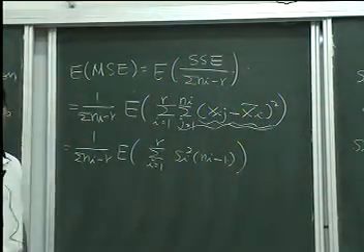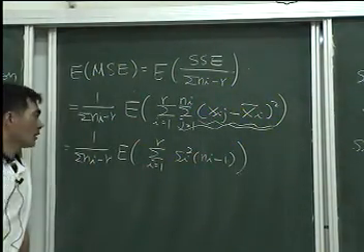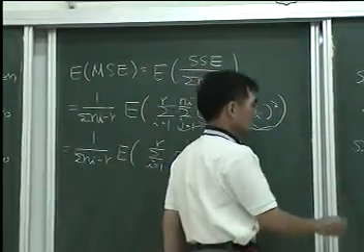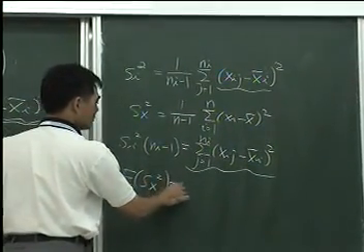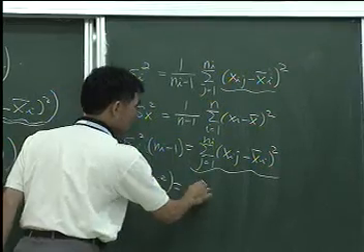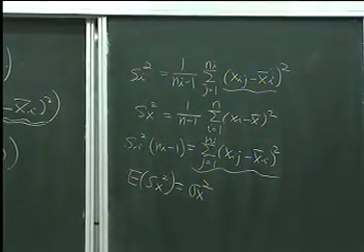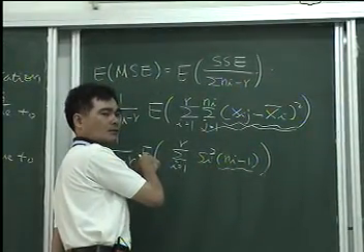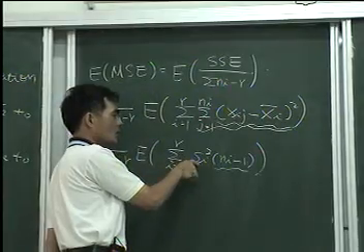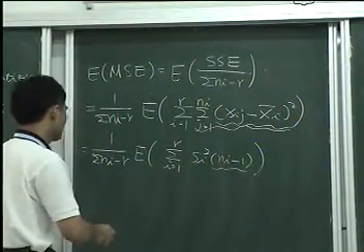Okay? Any questions? And also from here, what would you know? We know expectation of Sx squared is actually equal to sigma x squared, right? And this part is a constant, so this part is not affected by the expectation. This part will be affected by the expectation, right? So then what would you get?